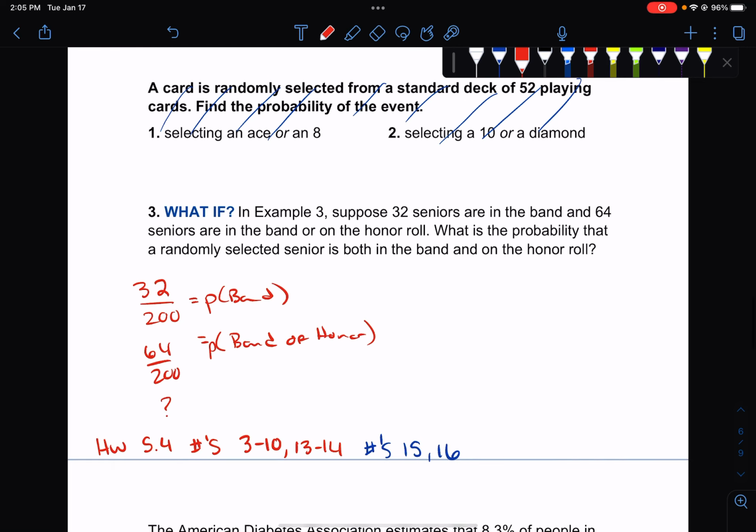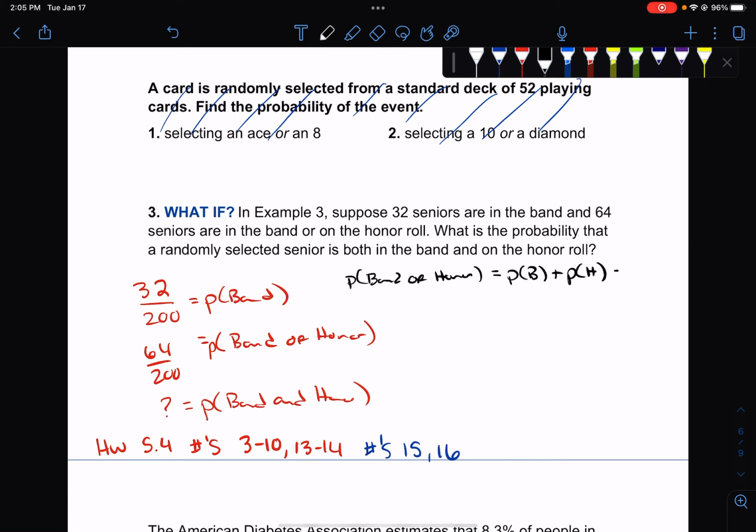So again, it's looking for the probability of being in the band and the honor roll. It's the same as the last problem. It's giving me parts, and I just have to fill in what I know and solve for what I don't know. So remember, the formula is the probability of band or honors equals the probability of band plus the probability of honors minus the probability of both.